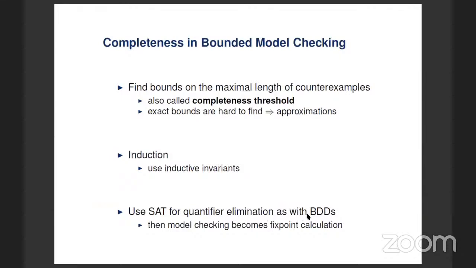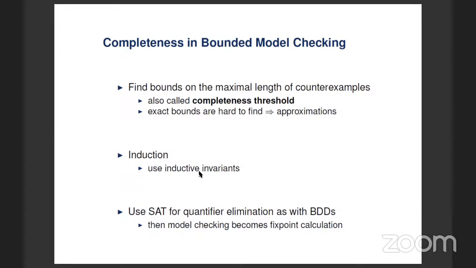Whereas in BDDs, the existential quantification elimination operation is kind of quadratic in the size of the BDDs, and if you luck out and have your image be a compact BDD, then you may be able to successfully compute fixed points. That is one way of doing it.